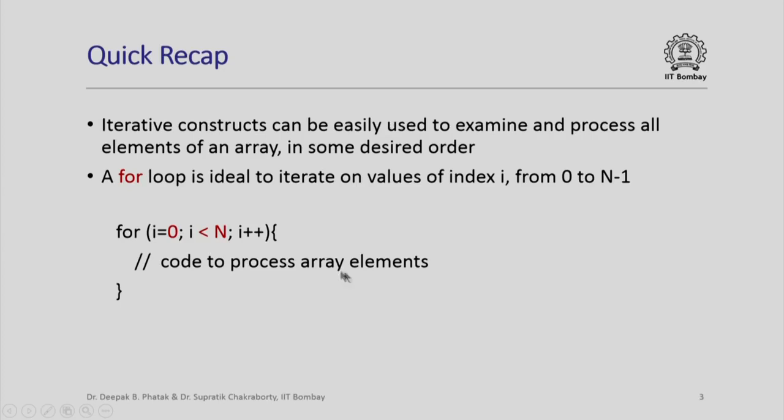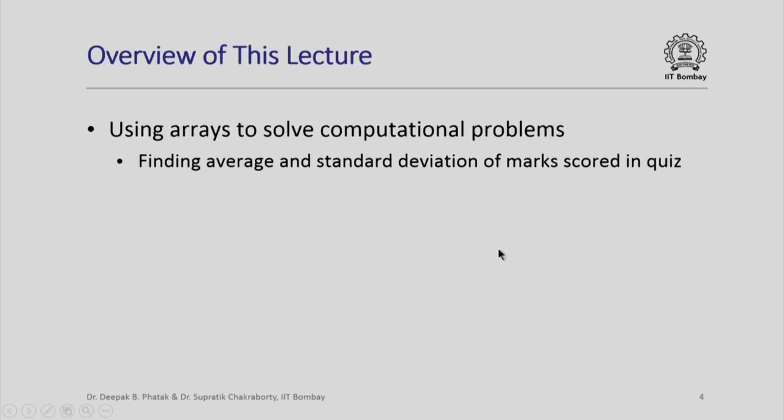Observe the starting value and end condition. I want to process the array elements from 0 to n minus 1. So, I should start with i equal to 0 and I should check the final condition to be i less than n. Having seen this, we shall now proceed to look at the use of arrays in solving computational problems.